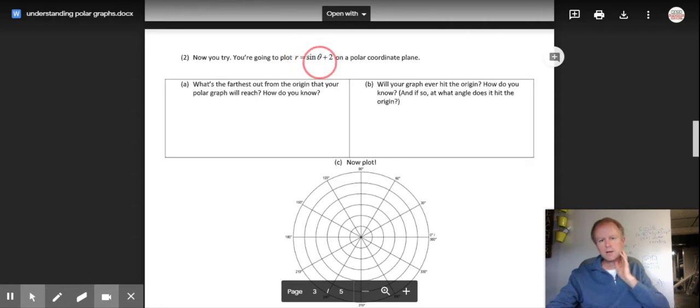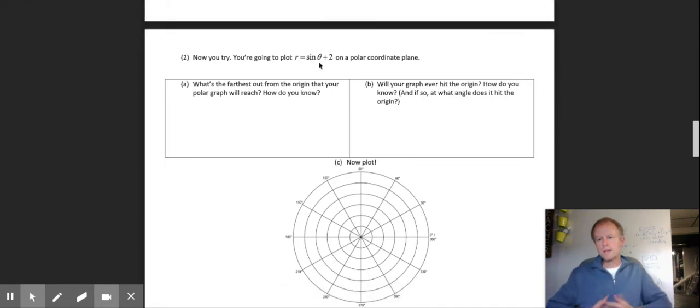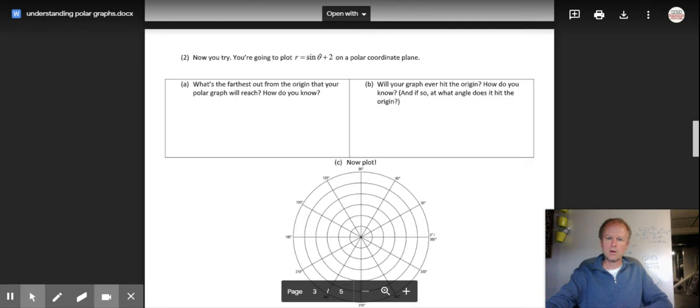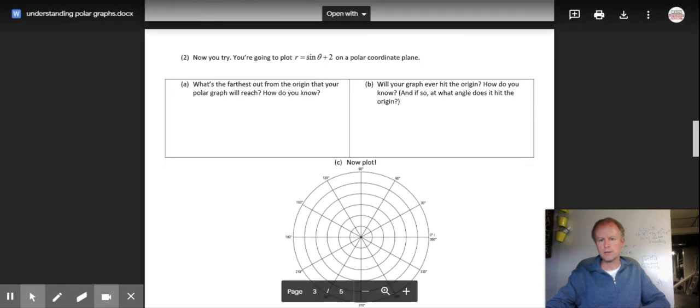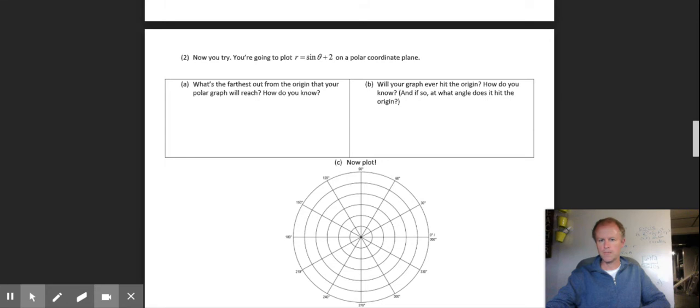If we think about the biggest that sine could be, sine is a y coordinate, and so the biggest it could be is 1. So if sine alone would be 1, and then I'm adding 2, that should help you to think about what is the biggest this could be. Same with what is the smallest, but it didn't ask that, but that kind of gives you an idea of where your radius lengths are going to be. And actually, when we think about where the smallest is, that will help us answer part B.